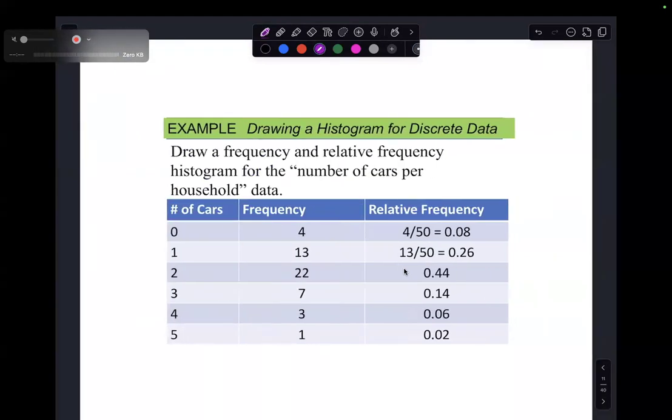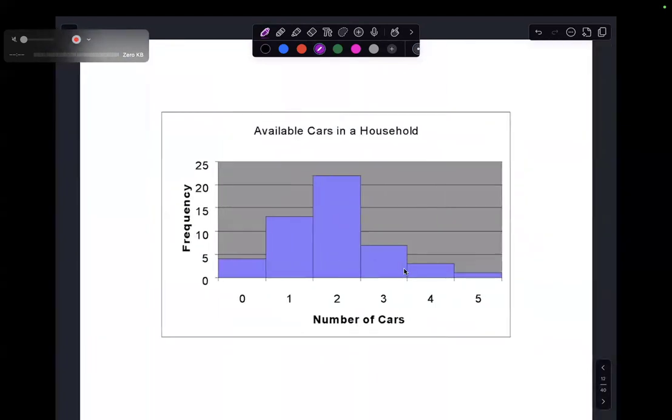Okay, once again, here's the data that we were using. Here is my histogram. When we are using discrete data for a histogram, the value that represents that column is just going to be in the middle, right underneath each one.